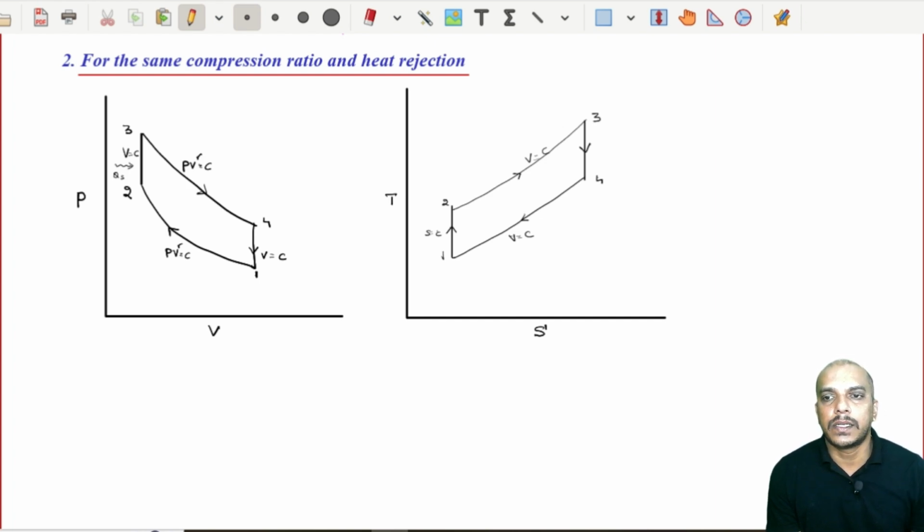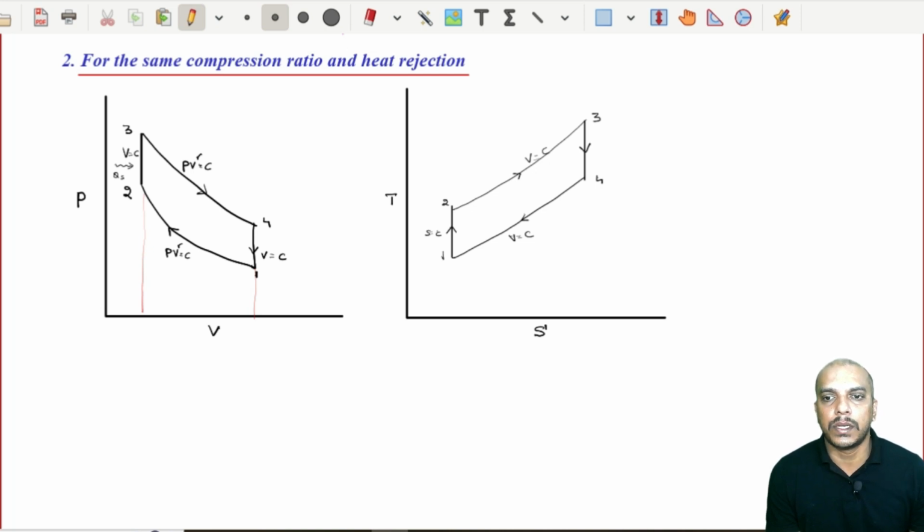All right. Let us start with dual cycle. Now, for same compression ratio, that means compression ratio is represented by V1 and V2. So, for same compression ratio, this has to be maintained same. So, we cannot go to the right or to the left.